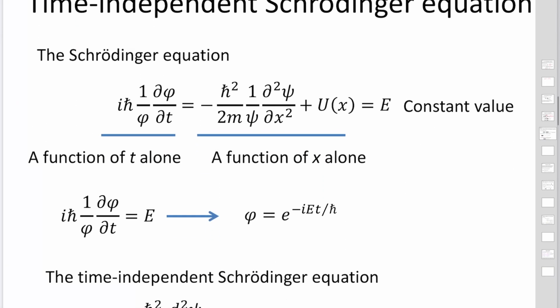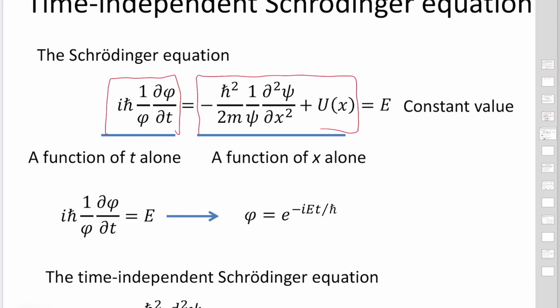Then if you look at these equations, the left hand side is a function of t alone, and the right hand side is a function of x alone. Without changing t, you can change x, or without changing x, you can change t.